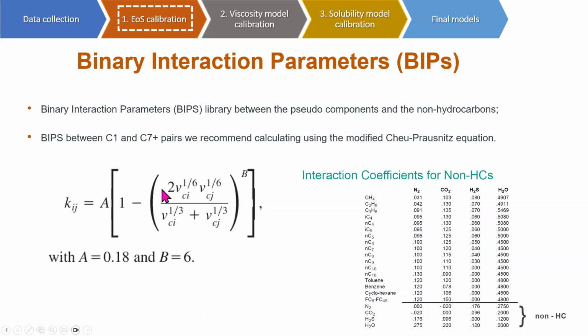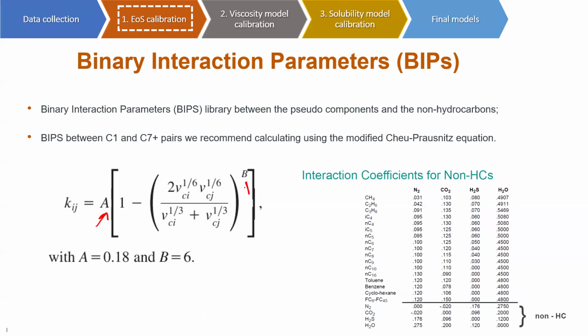Between C1 and C7 plus. It was created for those two components, but you can apply it to other components as well. But the idea is to use this equation and tune those parameters. This equation has two parameters, A and B.